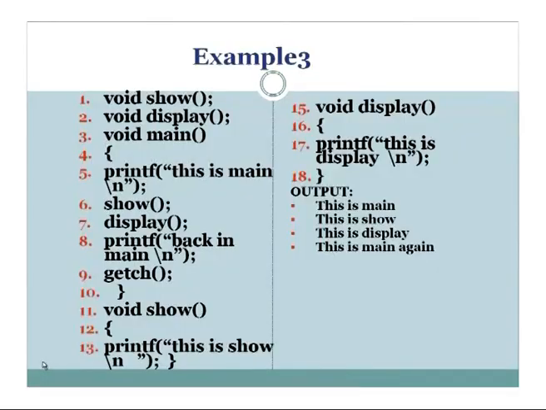For example, in this example we have declared two functions, void show and void display, and in the definition we defined the show function first and then the display function, but it is not necessary to first define the show function and then the display function. We may define the display function first and then the show function.